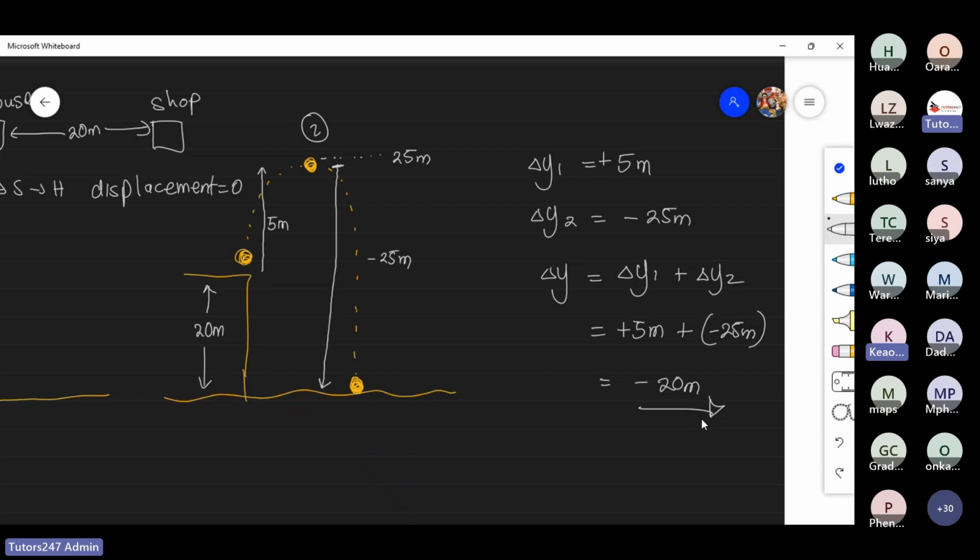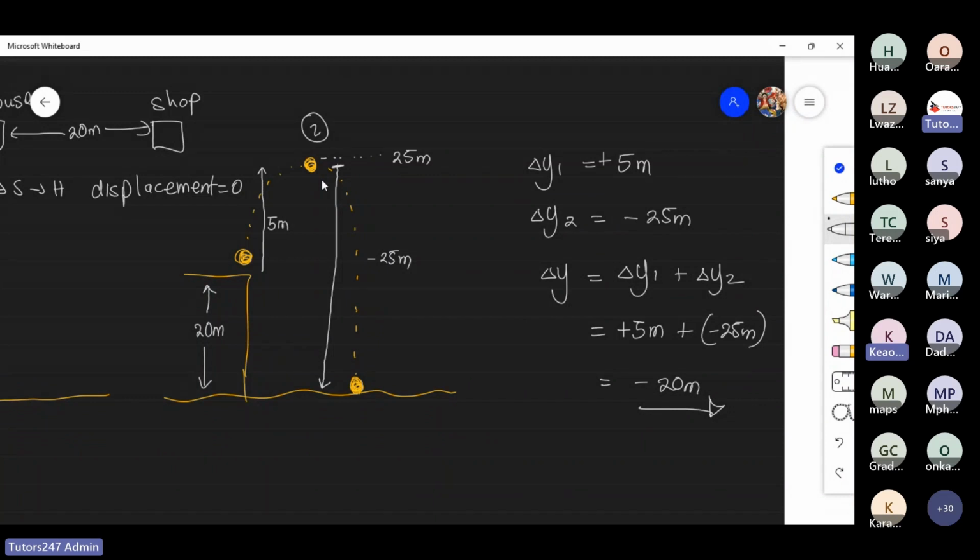That is using vectors. But what happens if you do not have that change in height for when it's going upwards? Keep in mind from the previous question, question 3.2, we did not have the height from the top of the building to the maximum height.